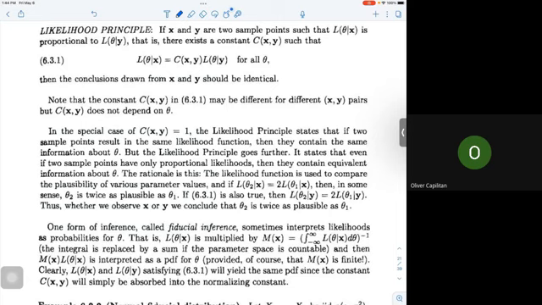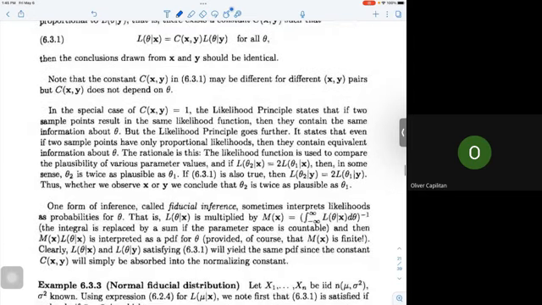That is why, as I said a while ago, the information or the conclusions that we draw from x and y should be identical. When C is equal to 1, then we have the same information about our parameter theta. It states that even if two sample points have only proportional likelihoods, then they contain equivalent information about theta.